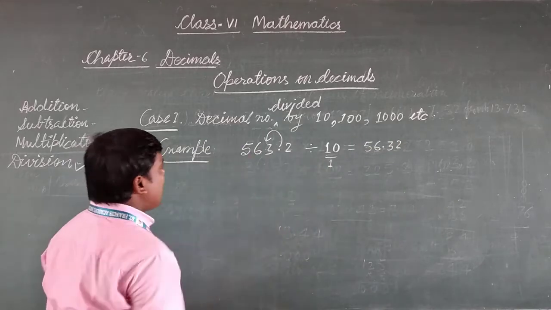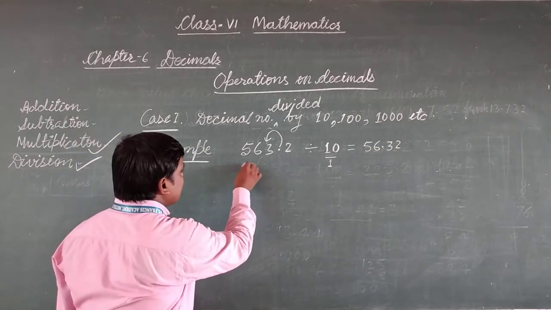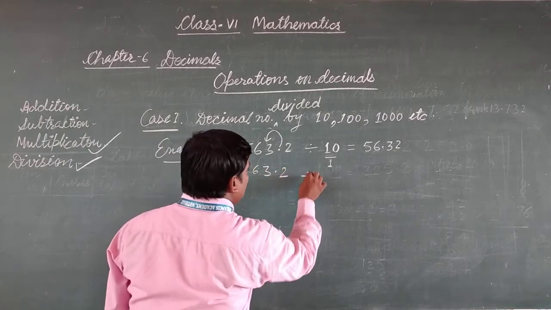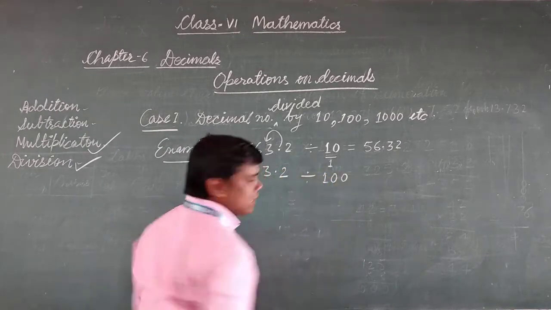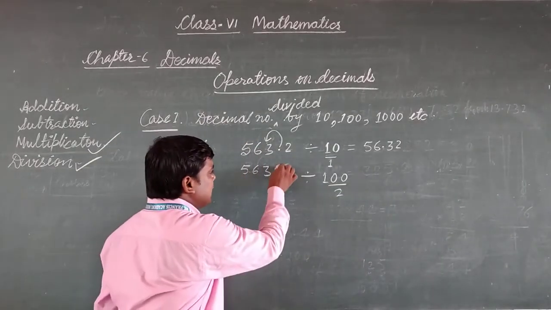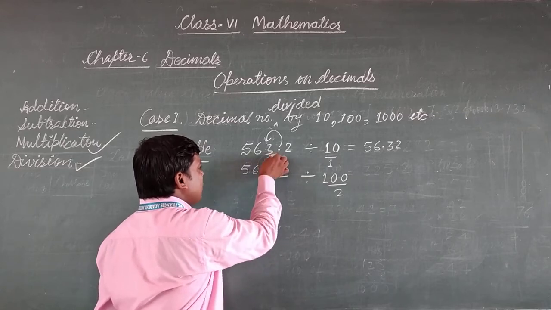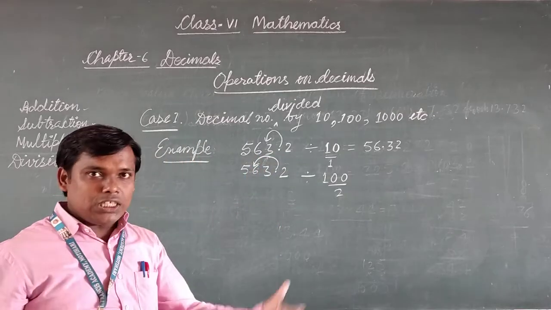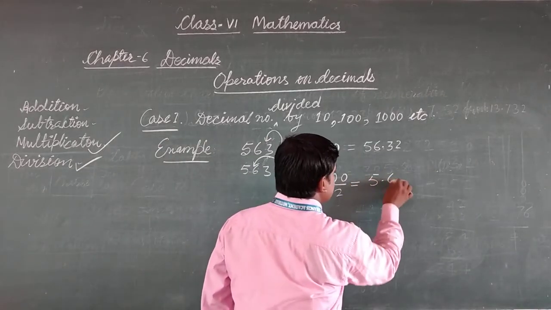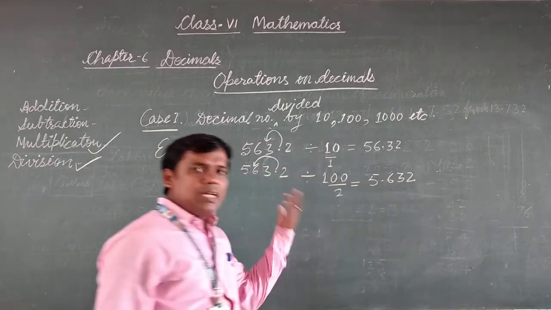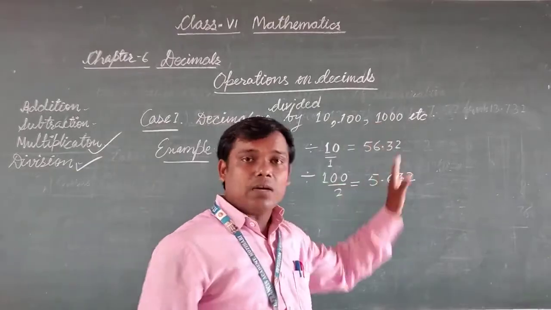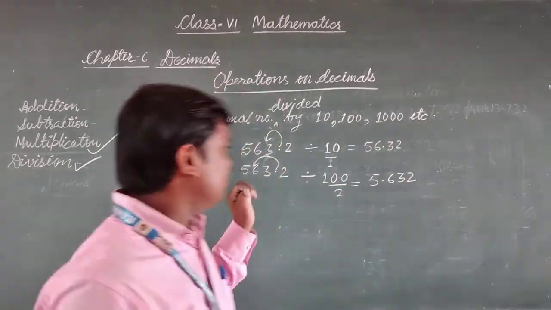If you have to divide 563.2 by 100, in this case number of zeros is 2, means we have to shift the decimal point 2 digits to the left. So it will come 5.632. Similarly, you will be able to divide other problems of this kind given to you.